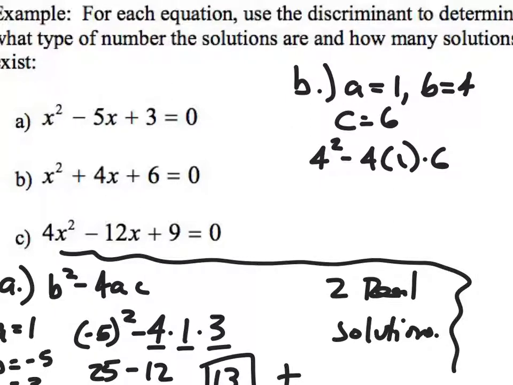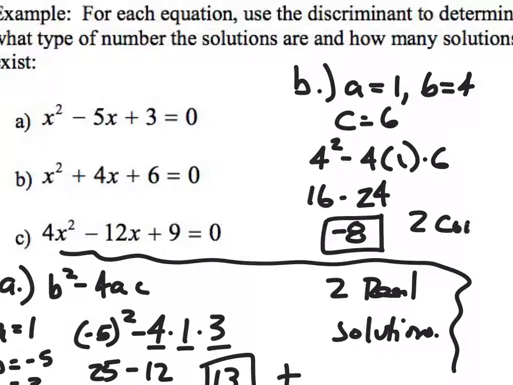So 4 squared gives me 16, minus 4 times 1 is 4, and then 4 times 6 gives me 24. So 16 minus 24 gives me negative 8. Because I have a negative number, I have 2 complex solutions.